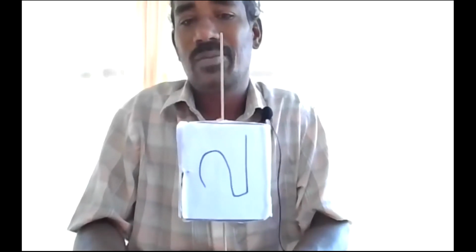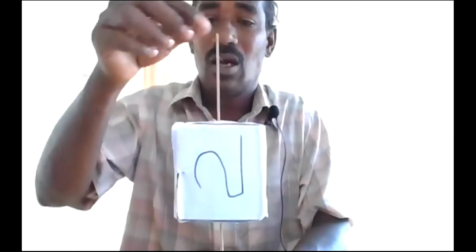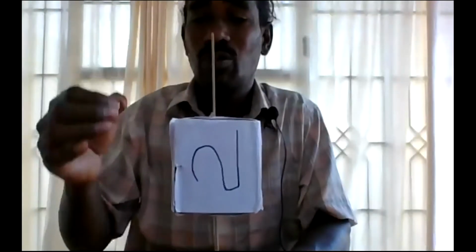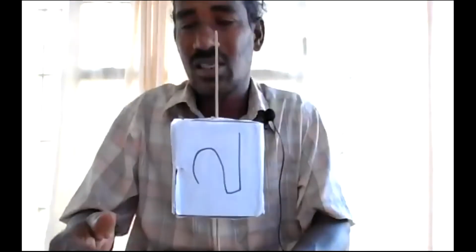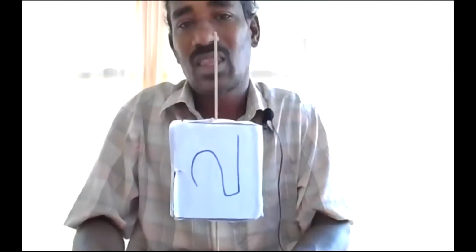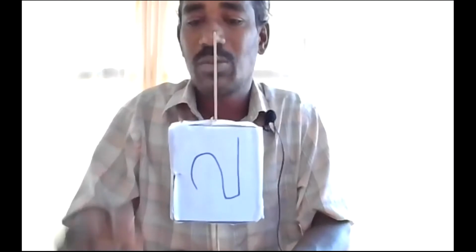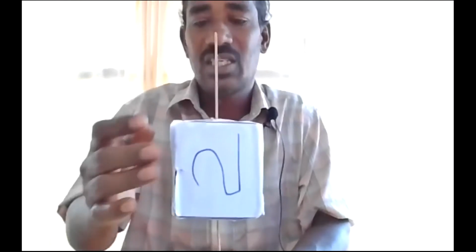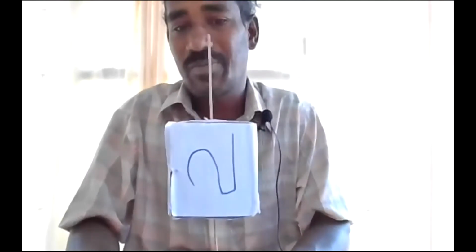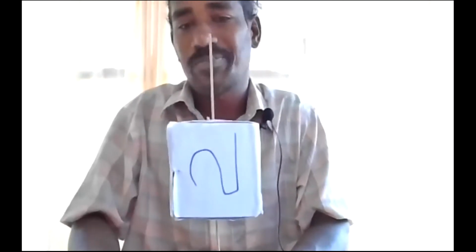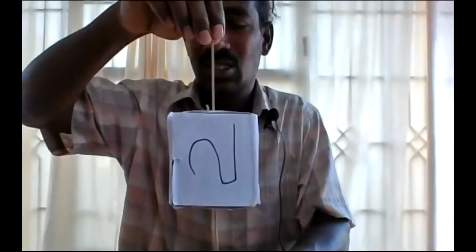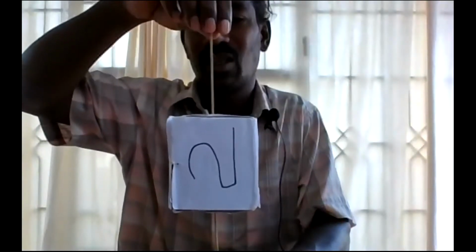Four times you got. So on rotating with respect to this axis, how many times are you getting symmetry? Symmetry means similar images. Similar images means a face of a cube. A face of a cube is called a similar image.